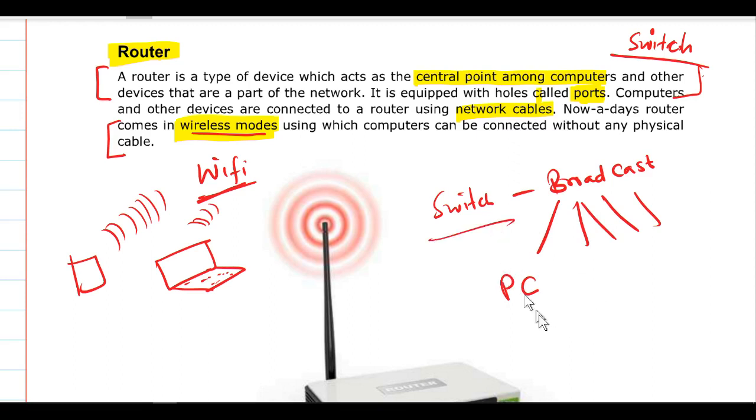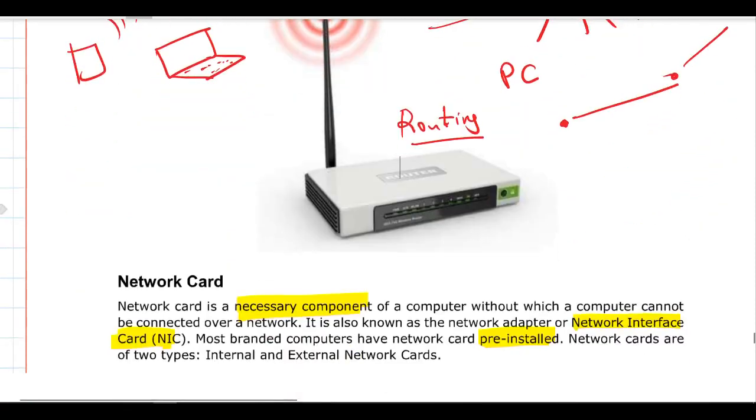But the router will create a path and say specifically that I want the packets to pass from this destination, go to this other router, etc. So there is the aspect of routing that comes with the router, which is absent in the switch. But again, those are details which you learn as you advance.